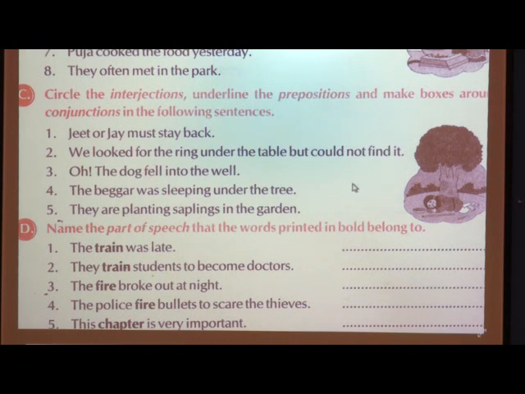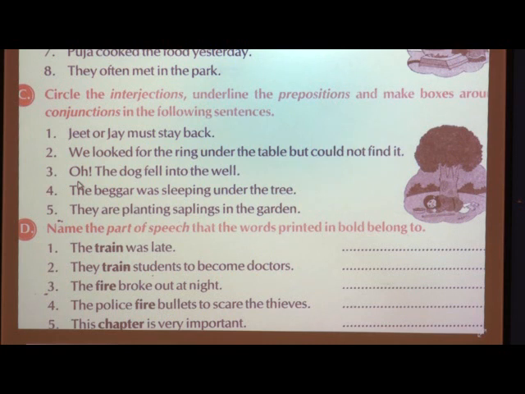And we can say these two groups of words are combined with one word, that is but. So, what is but? But is a conjunction because it is joining two groups of words. So, here you are going to make a box around this word but because it is a conjunction.